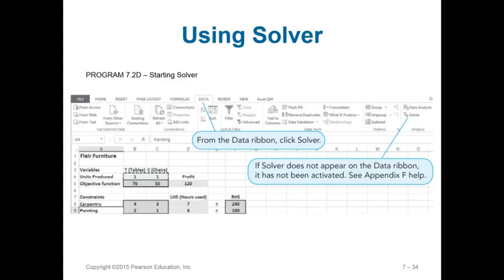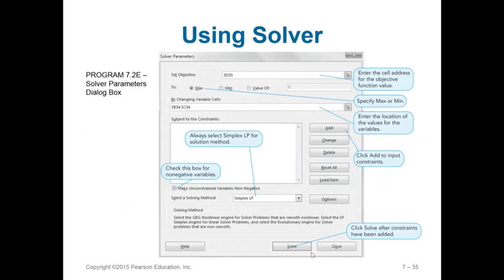And once you've created your table out there and you've created the constraints and put the numerical data in, you click on the Data tab within your Excel spreadsheet. You decide, is this a max or a min? Are you maximizing, like maximizing profit, or minimizing, like minimizing cost? And then what are the variable cells?